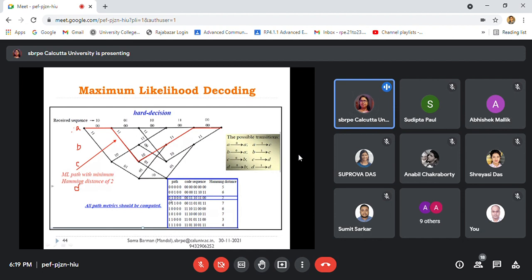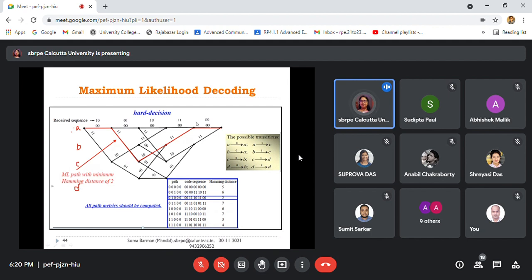So the received code word 1 0 0 1 1 0 1 1 0 0 will be decoded as 0 1 0 0 0.